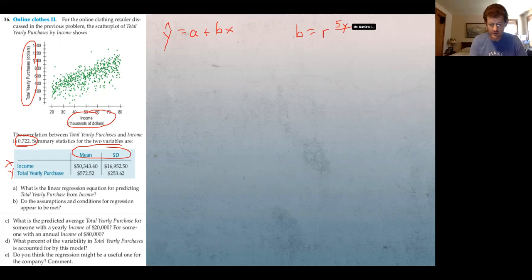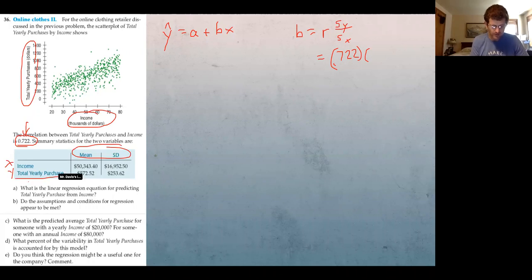I already mentioned that, but just a reminder, it is going to be the correlation times S sub Y over S sub X. I already determined which one's my X and my Y, so I just need to find the standard deviation. So the correlation, again right here, is 0.722. So now, standard deviation of Y. Well, here's Y, total yearly purchase.